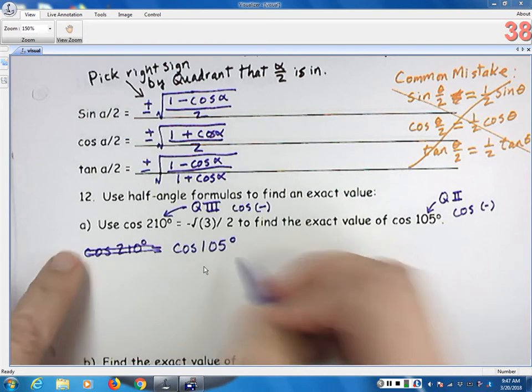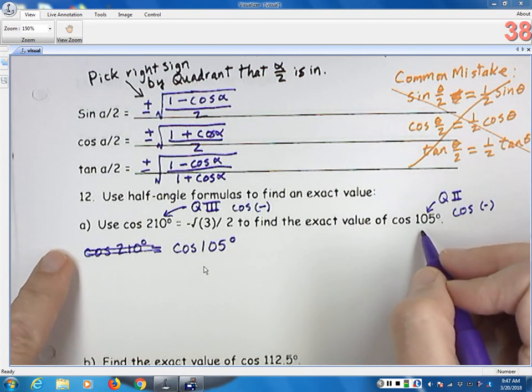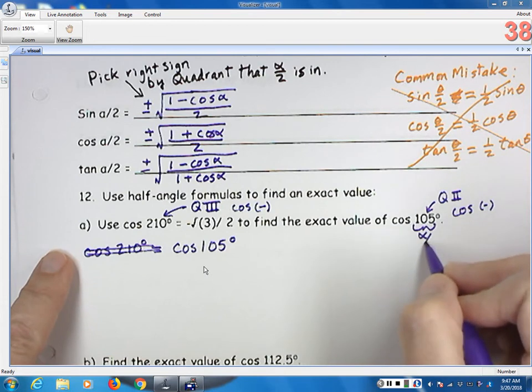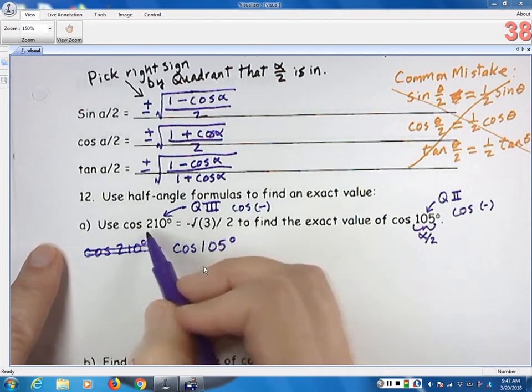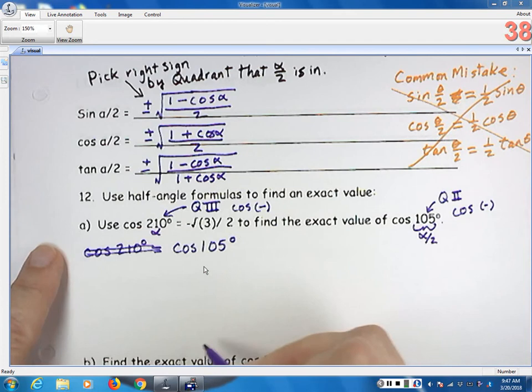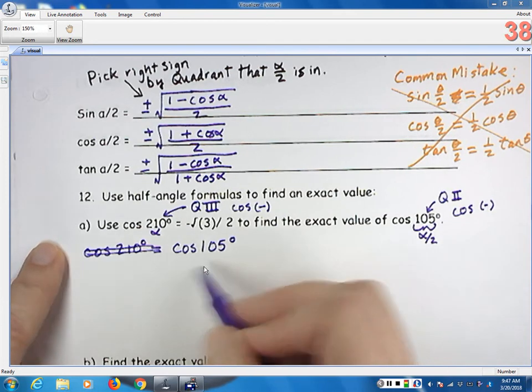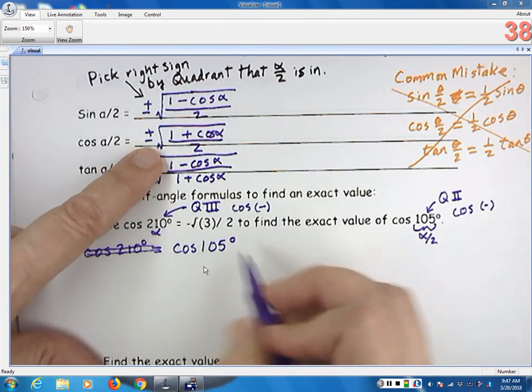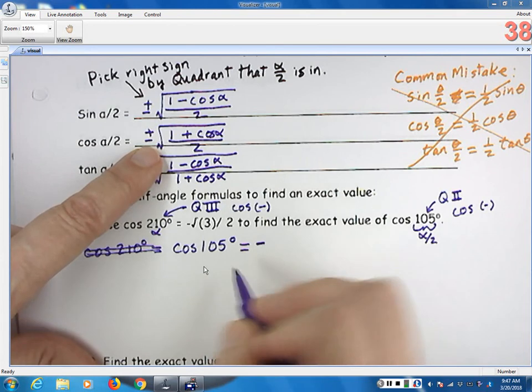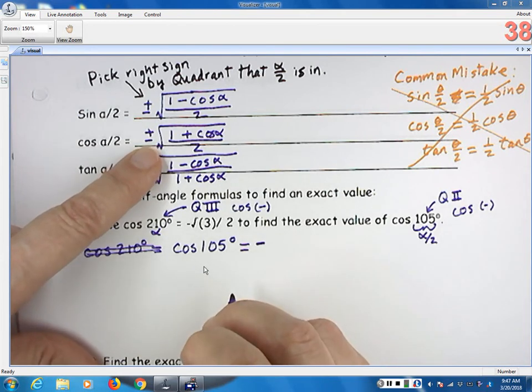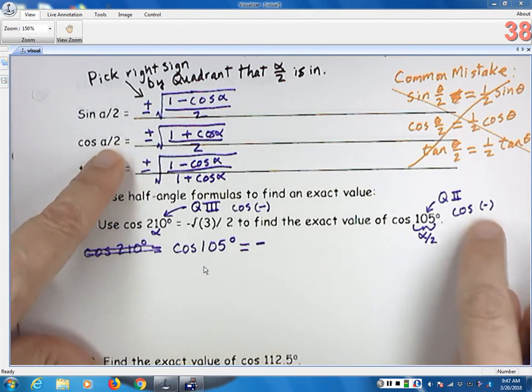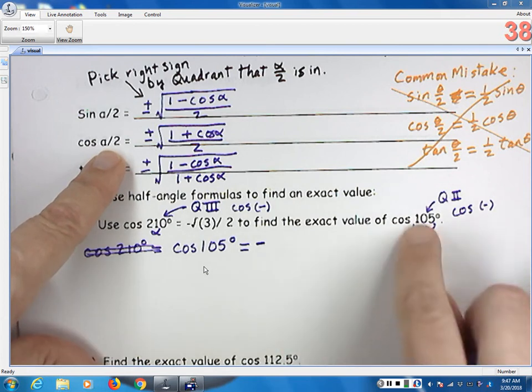So 105 is our alpha over 2. 210 is our alpha. So cosine of alpha over 2 equals, we pick the minus sign because cosine of alpha over 2 is negative. Sorry about that. That's in quadrant 2.